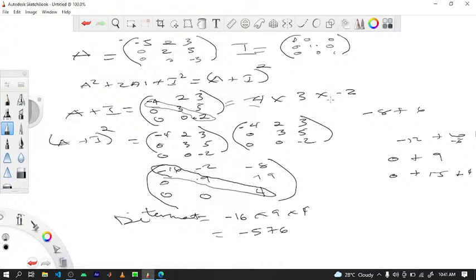And then this is going to give us what? 24, right? Yes, 24. Now, if you check 24, oh, sorry, this should be positive 16. This side, it should be positive 16. All right. So positive 16, this gives us positive 576.